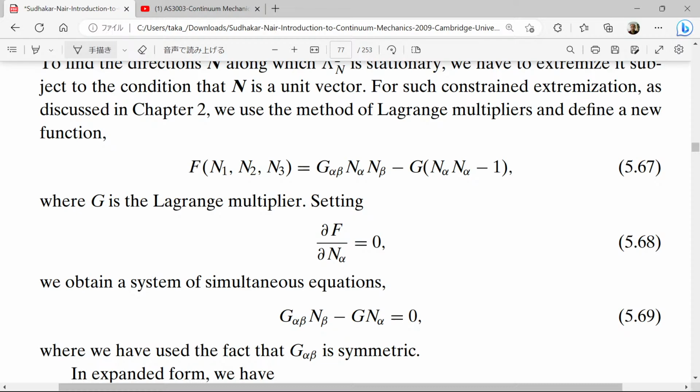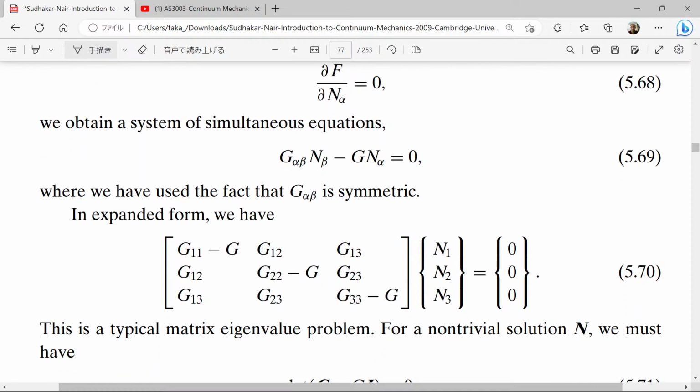Okay. Where we have used the fact that g alpha beta is symmetric.